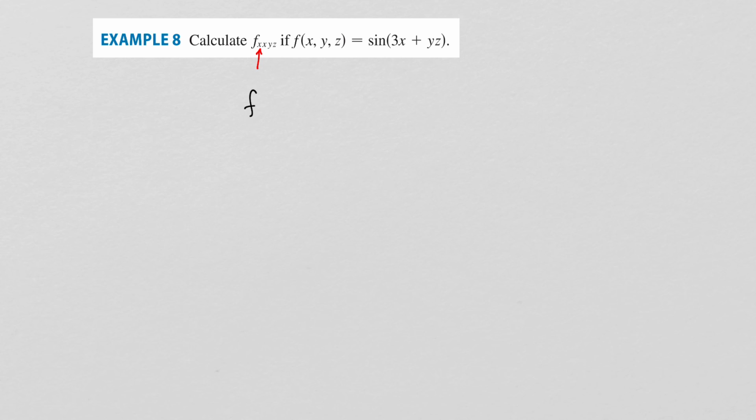So we're going to take the derivative with respect to x. The derivative of sine of anything is cosine of that thing. And then we are going to multiply by the derivative of that thing with respect to x.